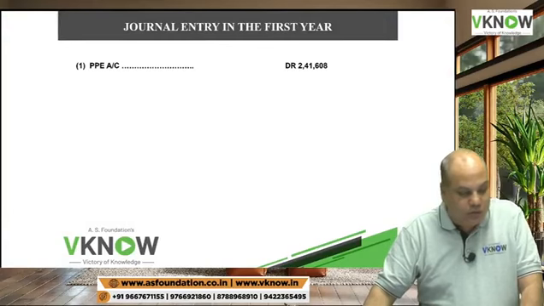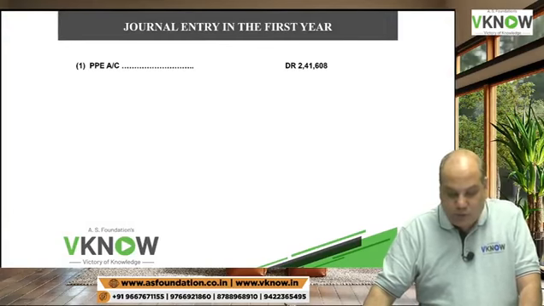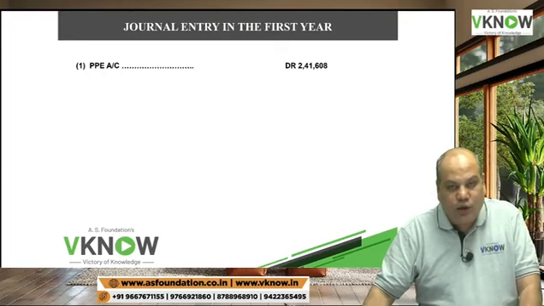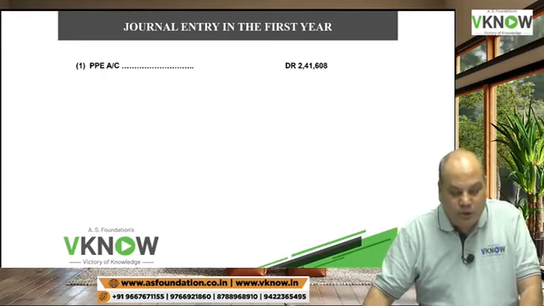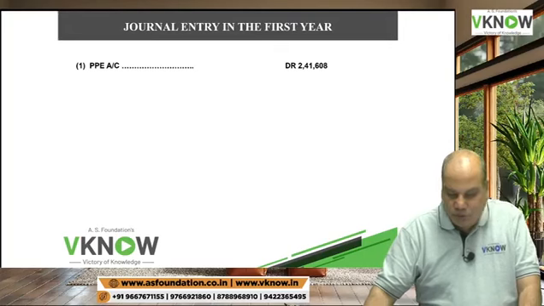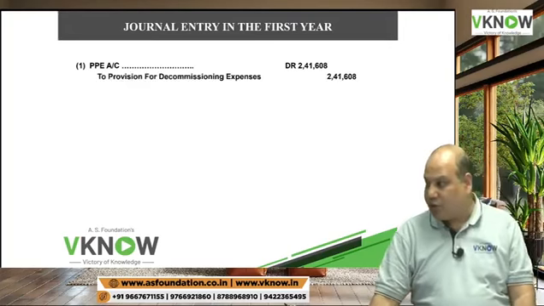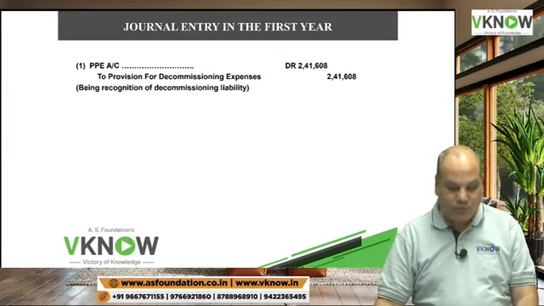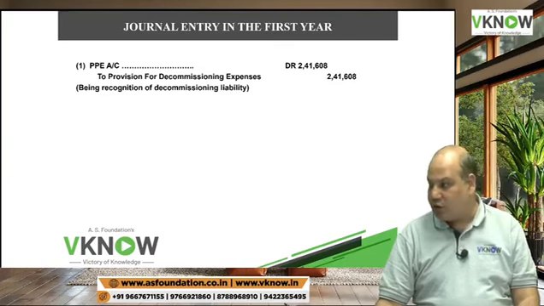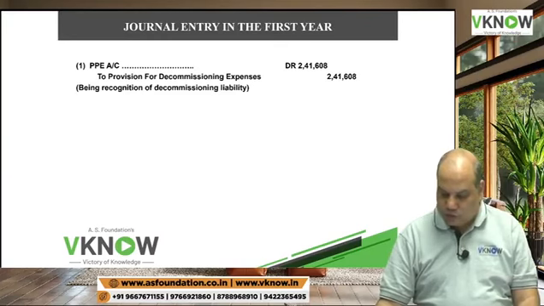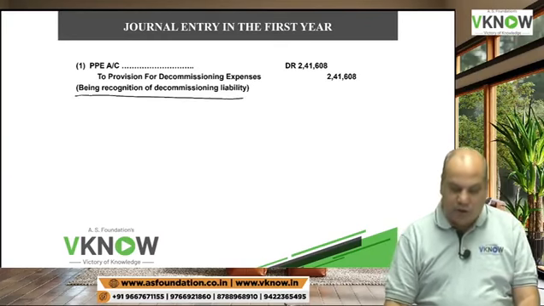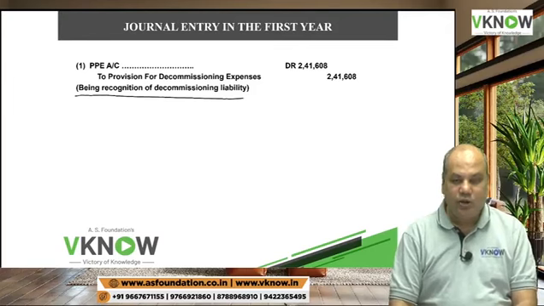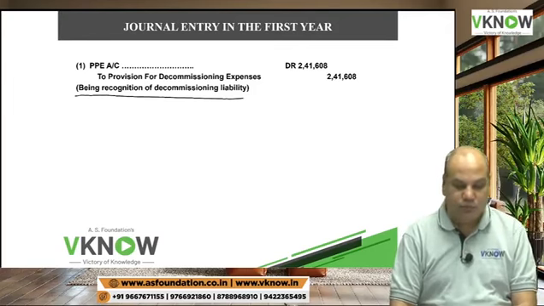Chauhan is right. Journal entry in the first year. You are going to add it to the cost of PPE. PPE account debit 241,608 to provision for decommissioning expense 241,608.